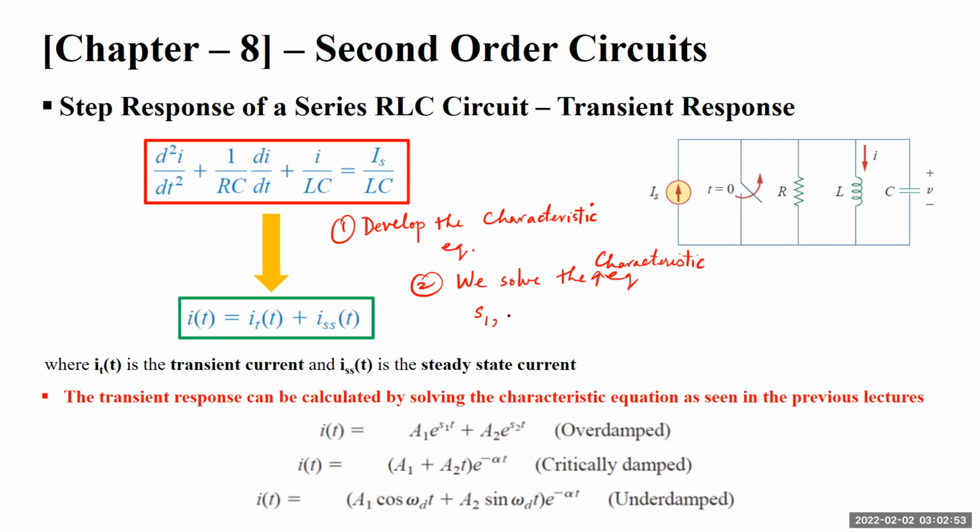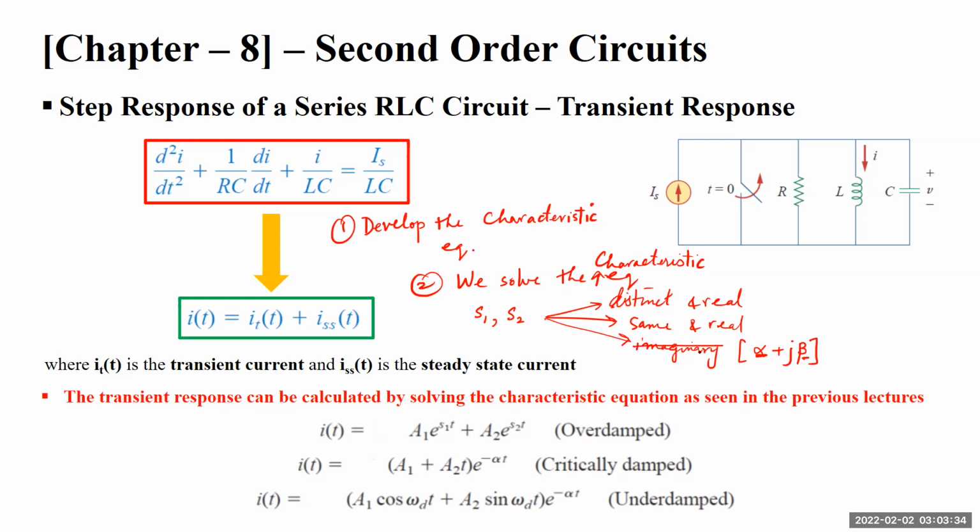We call the two solutions S1 and S2, and they can be distinct and real, same and real, or complex, having both a real part and an imaginary part.